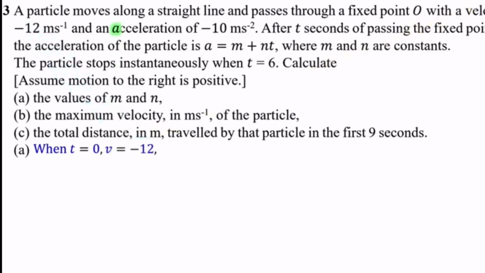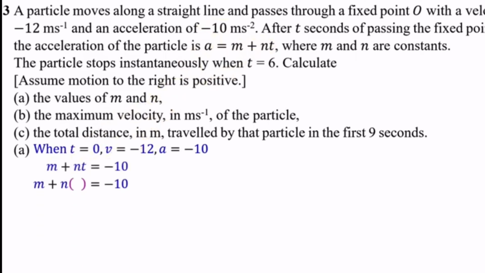Now let's see how to solve this. Assume that motion to the right is positive. Since m and n are unknown, we need to use the information given. When t is 0, velocity is negative 12 and acceleration is negative 10.